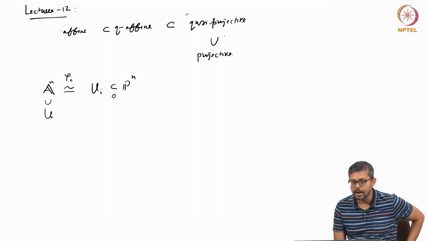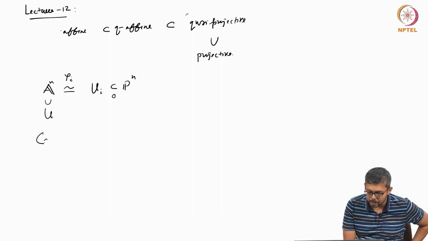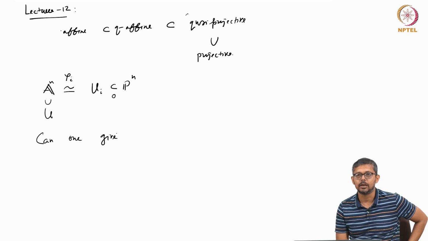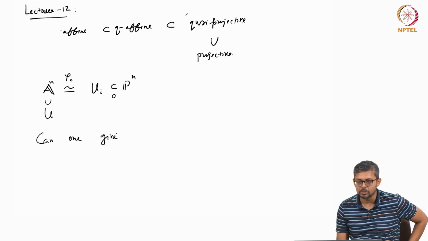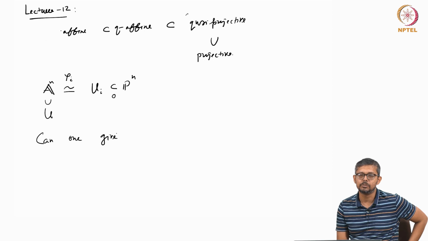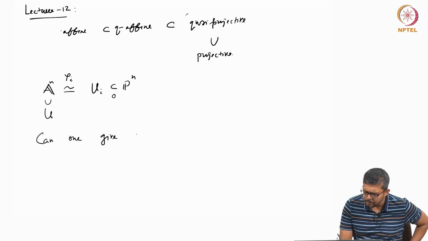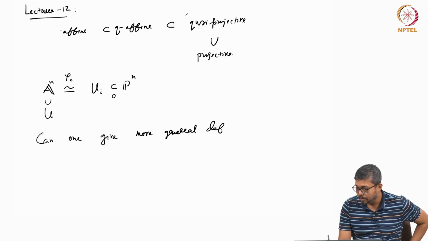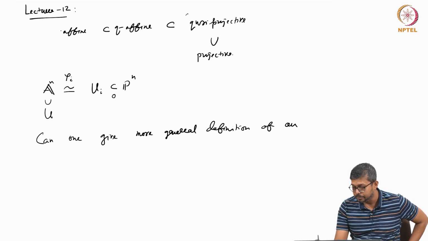So the point is, can one give a coordinate free, or an abstract, definition of quasi-projective variety or more general varieties? This is not abstract because it is in some projective space. Can one give a more general definition of an algebraic variety?